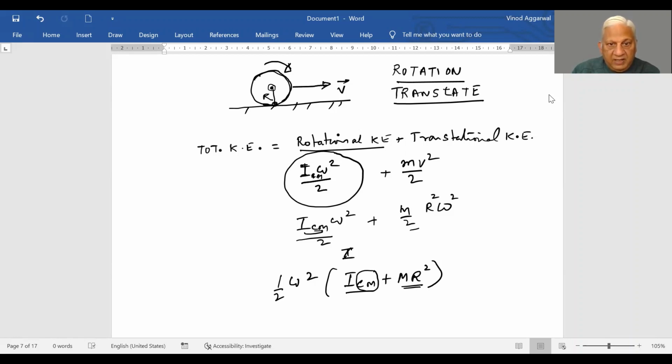If we apply our parallel axis theorem, you have an axis through the center of mass, and if we add mr square to it, we get an axis a distance r away, which is the point P, the point of contact. So this whole term becomes the moment of inertia about the point of contact.